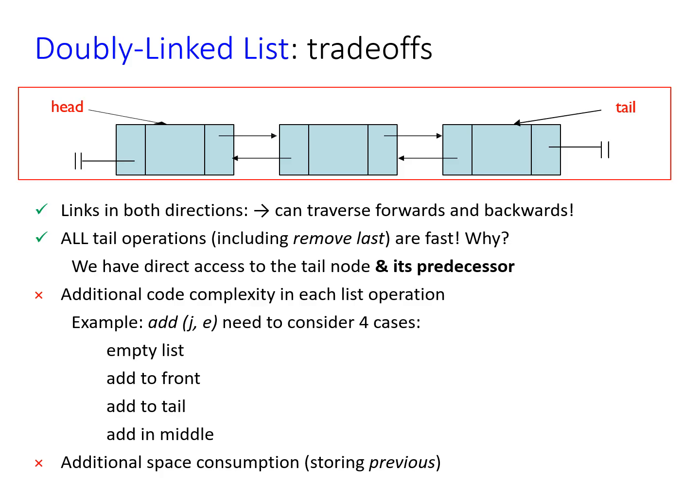As a negative, we see that there is an additional code complexity for each list operation. For example, add element at position j needs to consider 4 cases. The list is empty, adding in front, adding to the end, or adding in the middle. There is also additional space consumption, of course, for storing the previous reference variable for each node of the list.